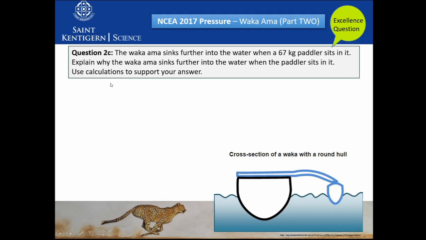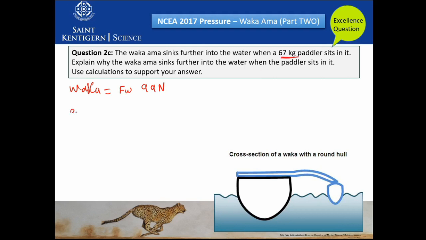Okie dokie. So first thing is weight force for the waka. So the waka's weight force is 99 Newton. We have to add that to the weight force of this paddler.